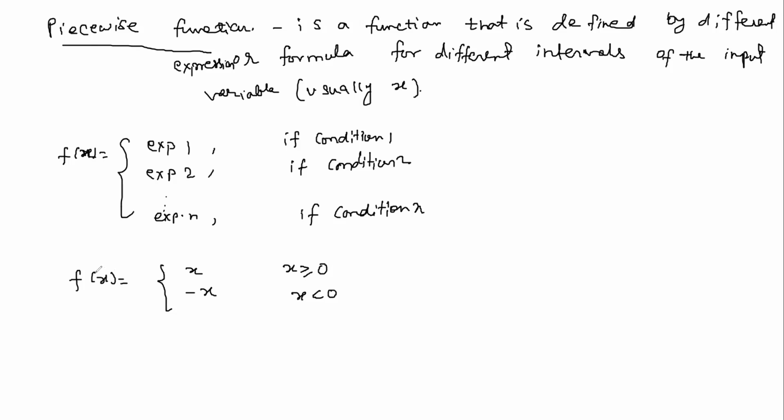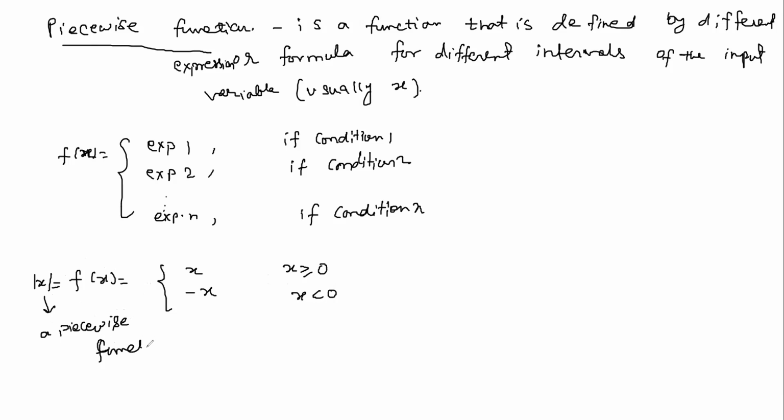This is the definition of mod x. That's why mod x is called a piecewise function: because mod x can be expressed in two expressions, one for this condition and second for this condition.